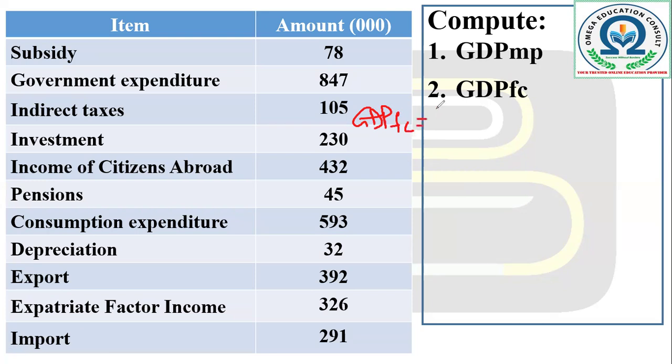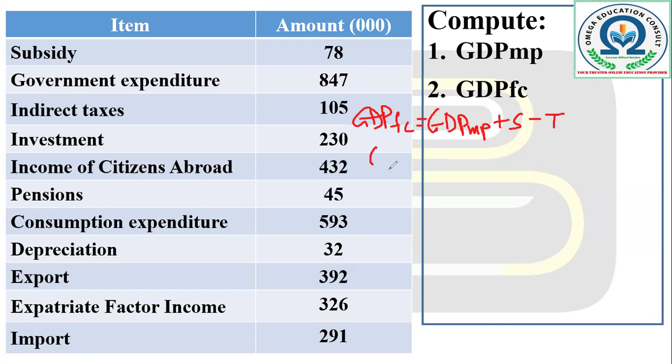So GDP FC is the previous GDP MP. So go and pick it. Okay, now plus subsidy minus T, which is the indirect taxes.